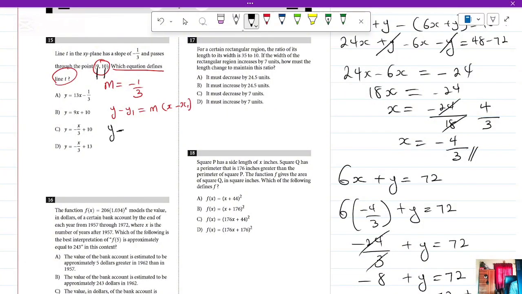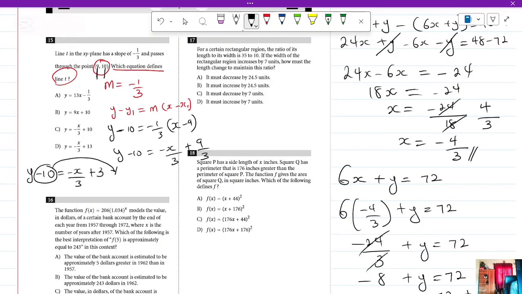So y minus 10 equal to minus 1 over 3 times x minus 9. So y minus 10 equal to minus x over 3 plus 9 over 3, that would be y minus 10 equal to minus x over 3 plus 3. If you bring this one down here, you have y equal to minus x over 3 plus 3 plus 10, and that will be minus x over 3 plus 13, which is this particular value here, D.